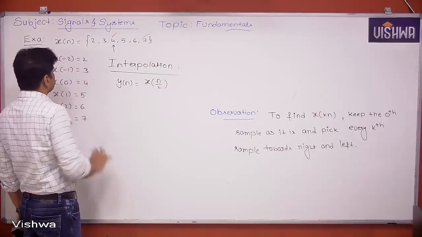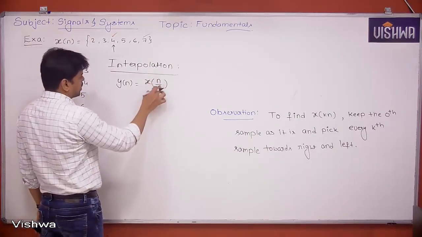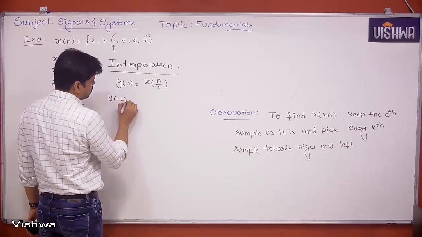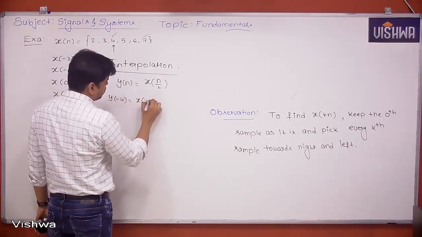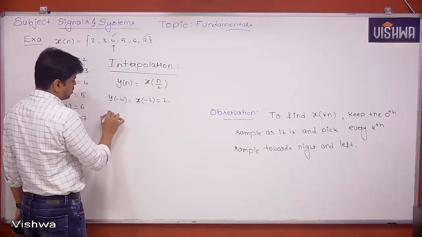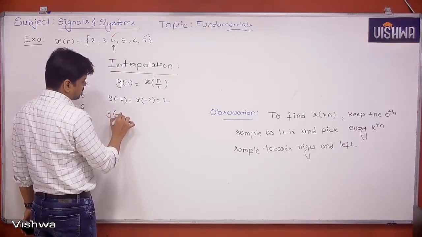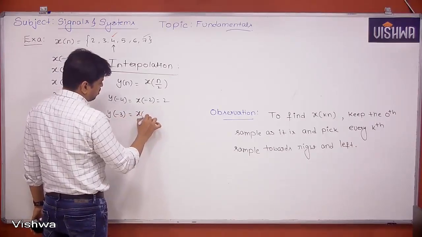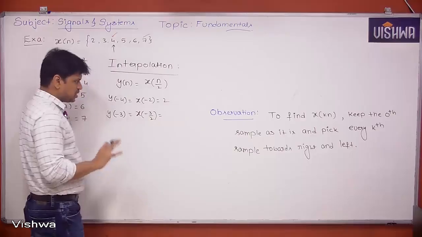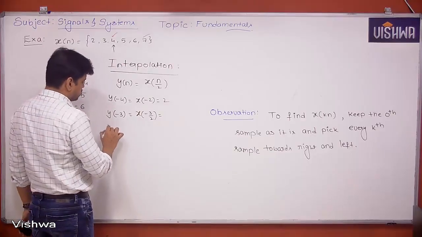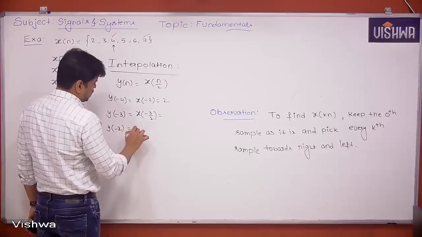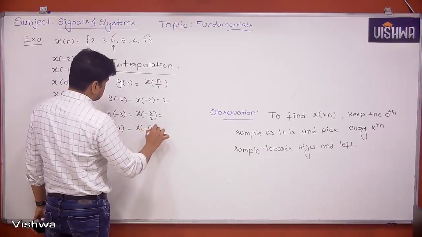To get x of minus 2, what has to be the n value? Y of minus 4. So this is x of minus 2, how much? 2. Next sample in the y, which is minus 3, then x of minus 3 by 2. We don't know this value, just keep it. Next, y of minus 2, that is x of minus 1, which is 3.